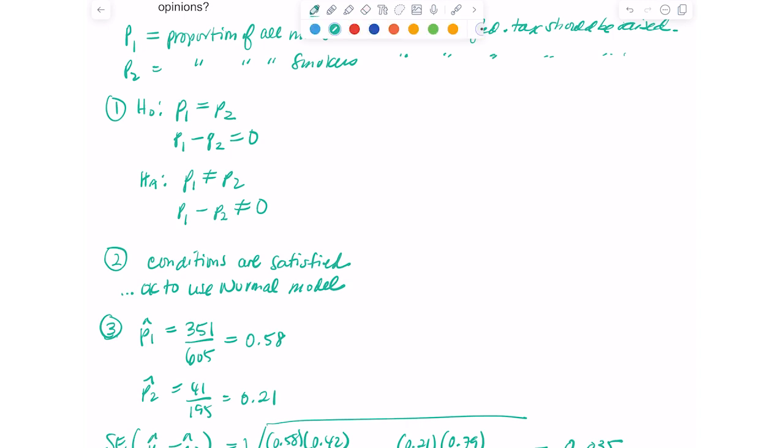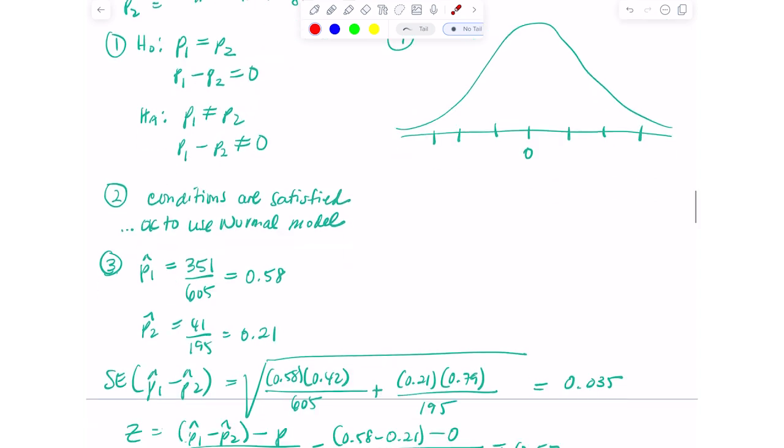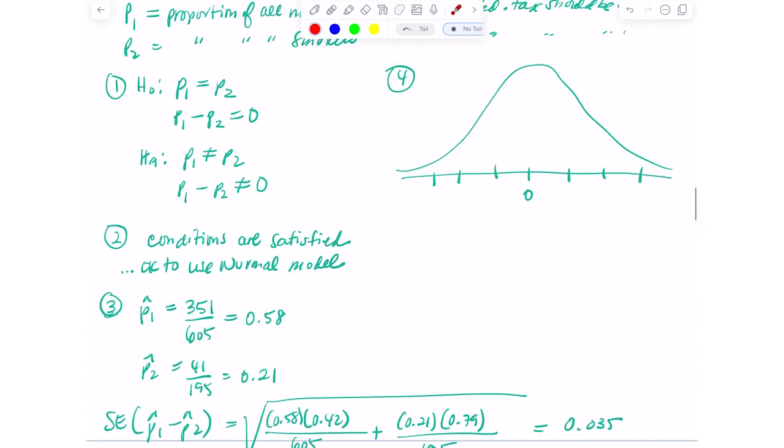Okay, so we are allowed to use the normal model because our conditions were satisfied. The mean is 0, right? And again, I get that from the null hypothesis. And we're going to go 3 standard deviations in either way. If you wanted to, you could add 0.035 to each of these, but I'm not going to bother doing that. My z-score is 10.57, so that's basically off the viewing space there that you can see.